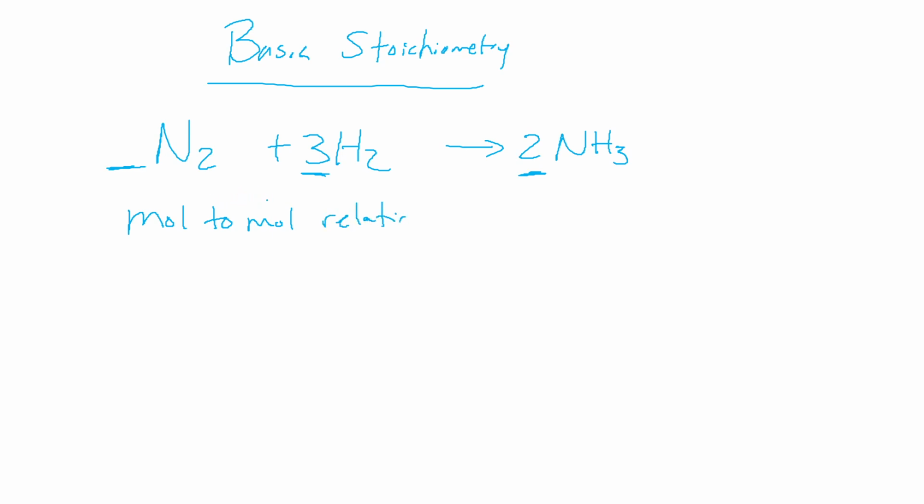Now, where we get this relationship is really just the coefficients. So from this equation, we could say for every 1 mole of N2 that we put in there, and again, there's no number written there, so it's assumed to be a 1, we would also put in there 3 moles of hydrogen. And again, the 3 is the coefficient here.